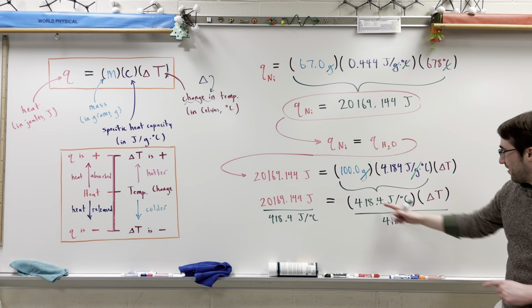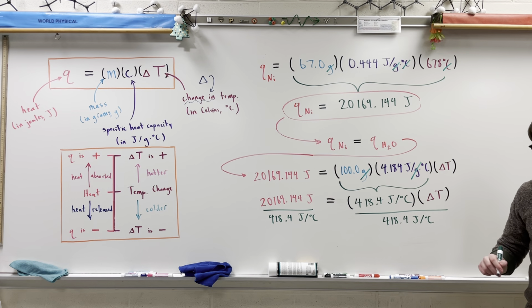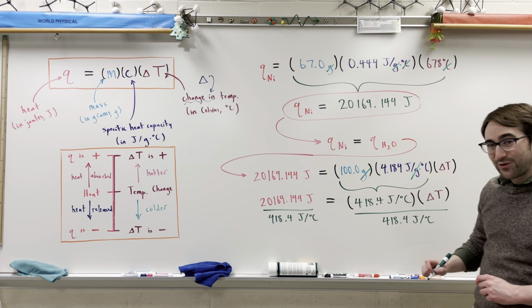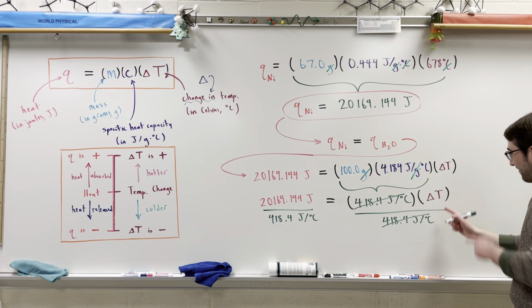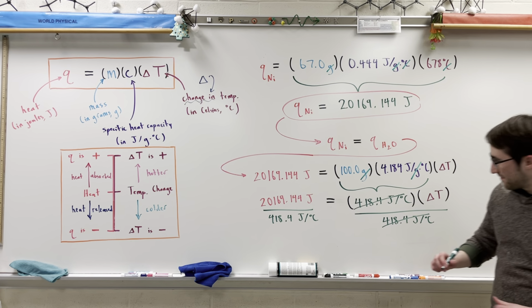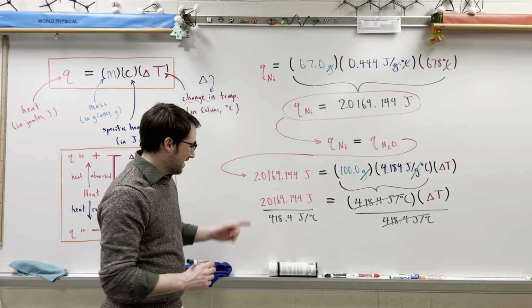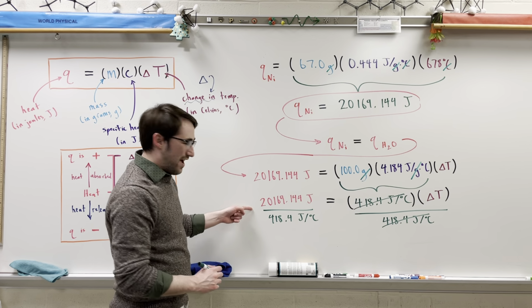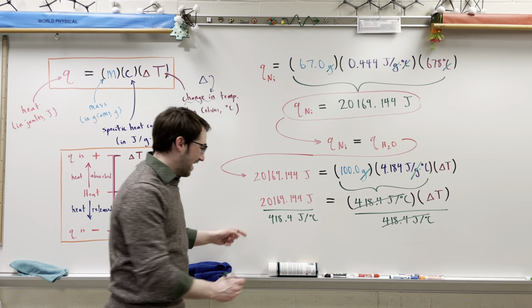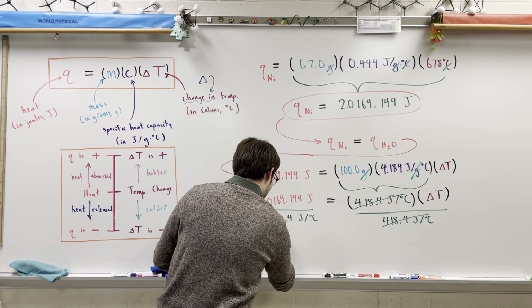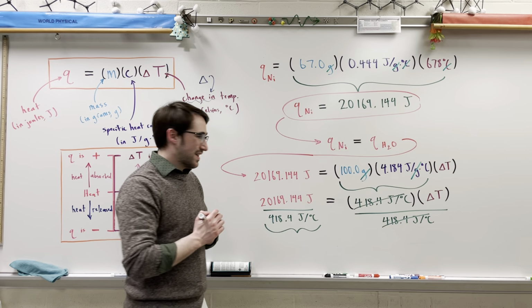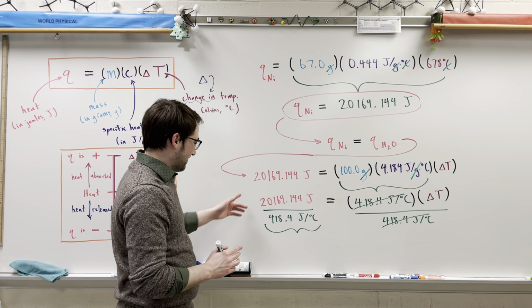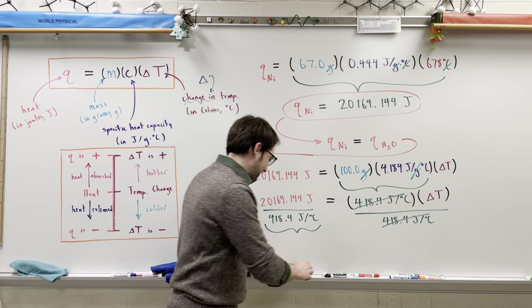Okay, so our 418.4 joules per degree Celsius is going to cancel out totally on the right side. So all we have left is this delta T. On the left side, I'm going to get a new number from this when I divide this out, and I will also get a new unit.